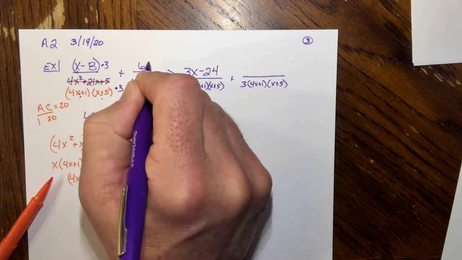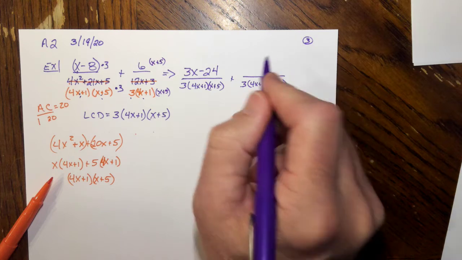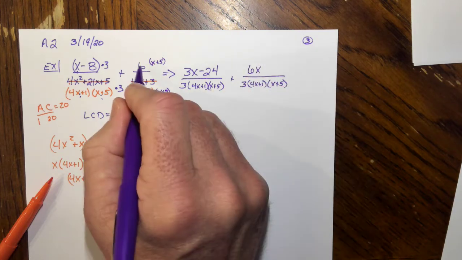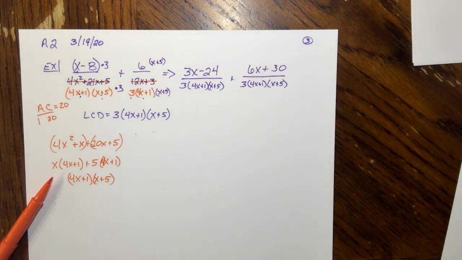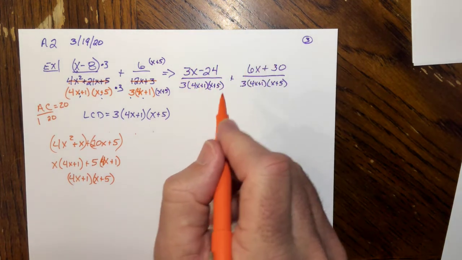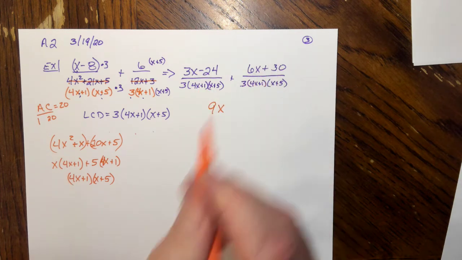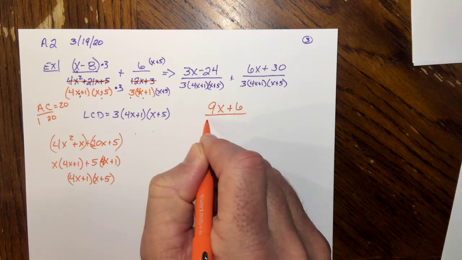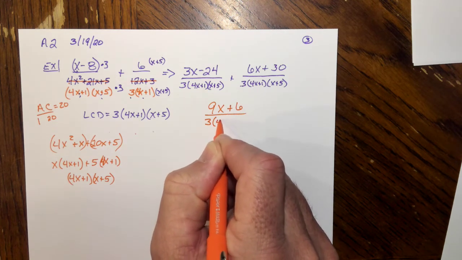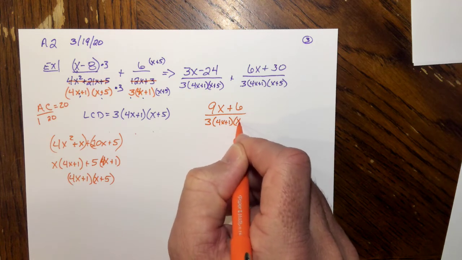Bottom, top, distribute: 6x plus 30. So as I do this problem, I'm going to get 9x minus 24 plus 30 plus 6 over our 3, 4x plus 1, and x plus 5.